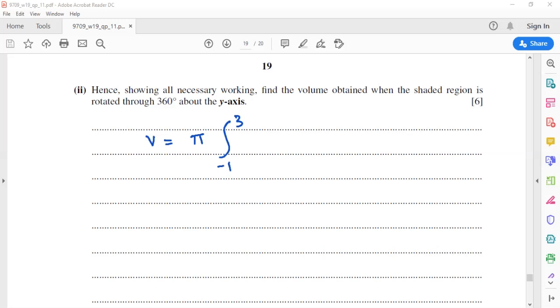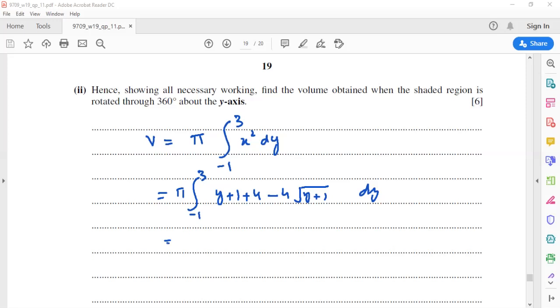So x squared is equal to, okay. Now when you write it, here it is x squared dy. So it gives us pi, integral from minus 1 to 3, of y plus 1, plus 4, minus 4 times the square root of y plus 1, and dy is there.